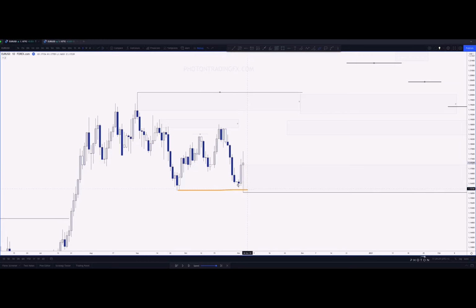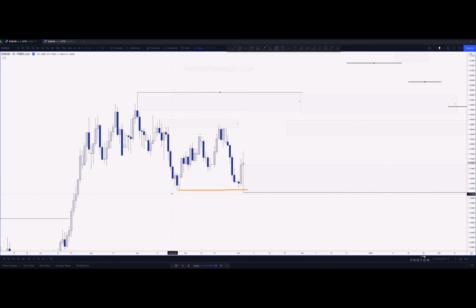Really simple: it's come down and swept all that sell side liquidity. Big money has then stepped in against all of the sell side liquidity below these lows, using those sell orders to facilitate their buy orders, and eventually that has massively overpowered supply, and then we have closed back up here.